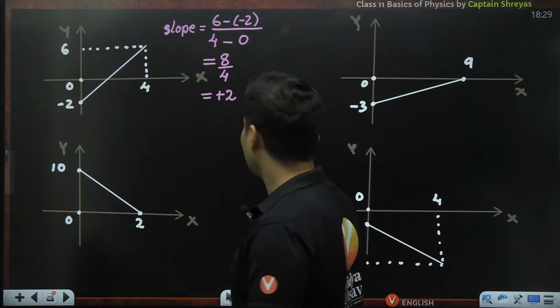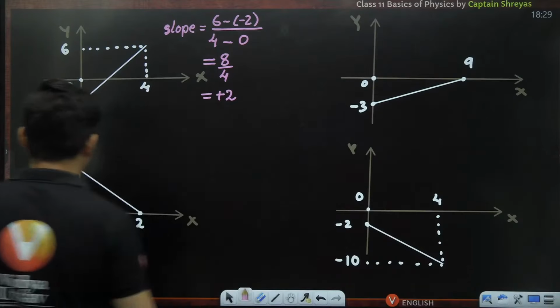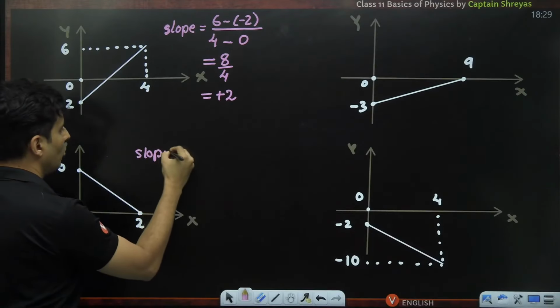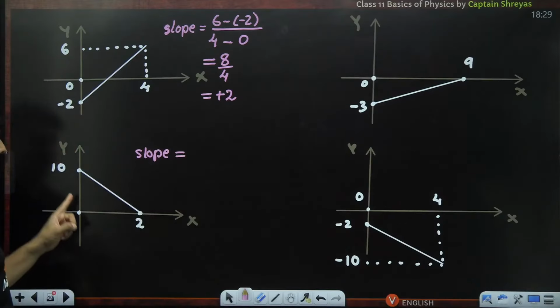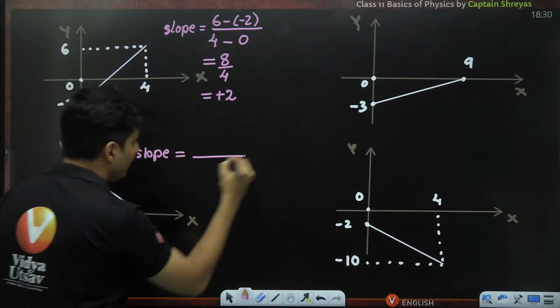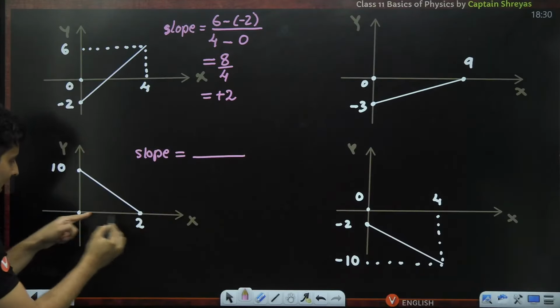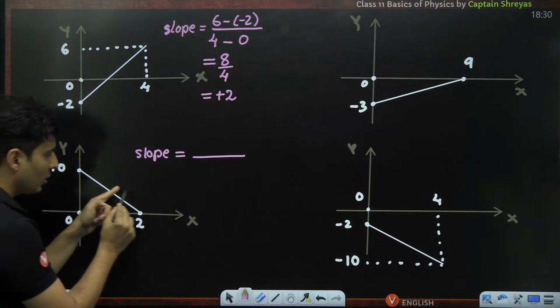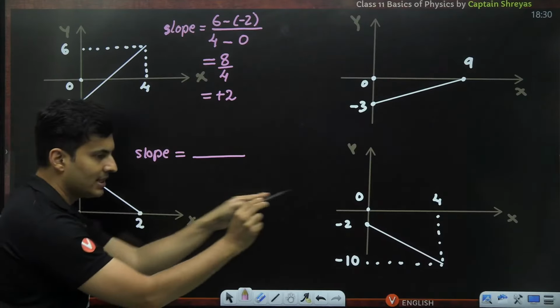Okay. Going up to the next problem, my dear students, here it is. What is the slope over here? Well, change in y, meaning the final value of y, as you can see, is 0. This is old, this is new. The graph always goes from the left side to the right side.